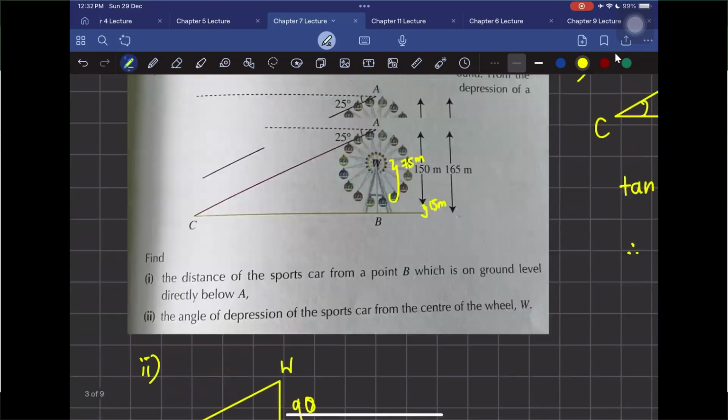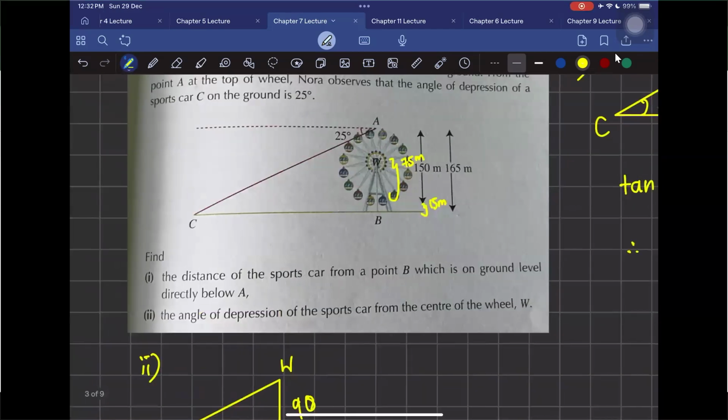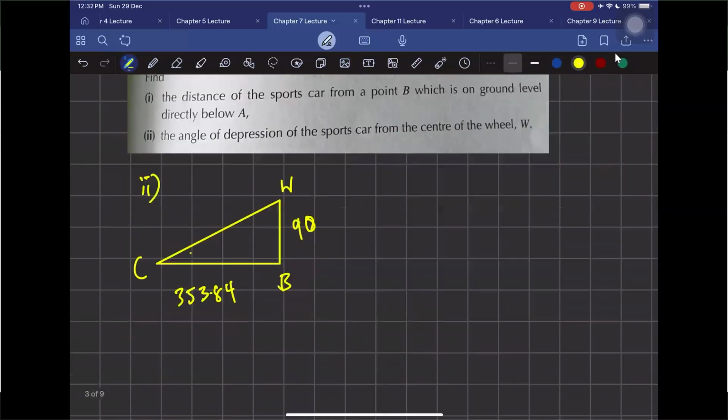Okay, so you're told to find the angle of depression. So if I draw this, you're asked to find this angle here. So how are you going to find this angle? Again, if you use alternate angles, this angle should be equal to this angle. So what you're trying to find is this angle.